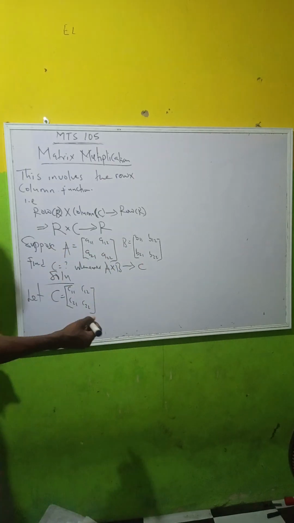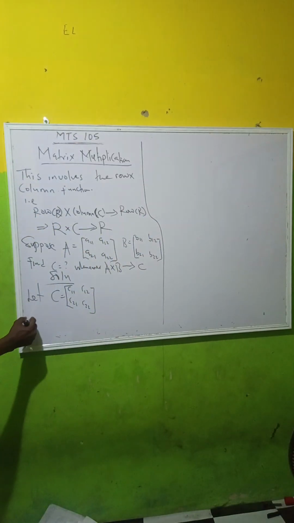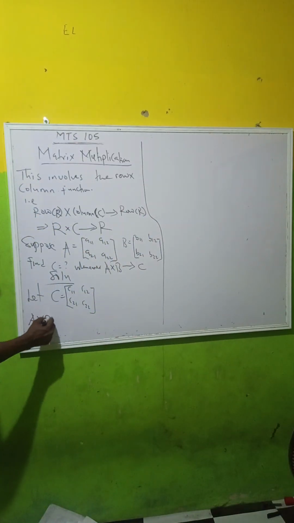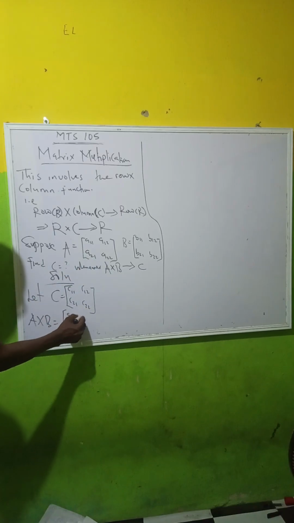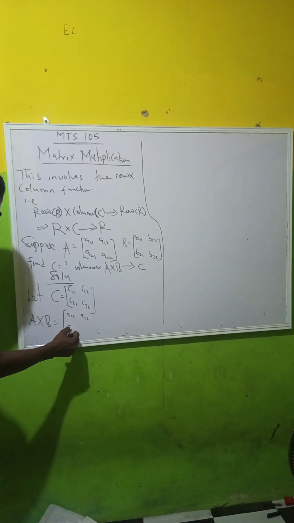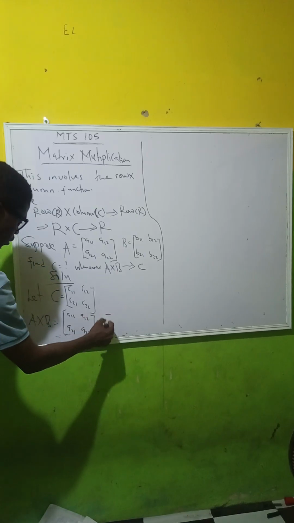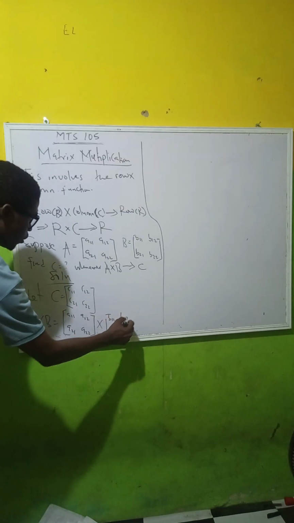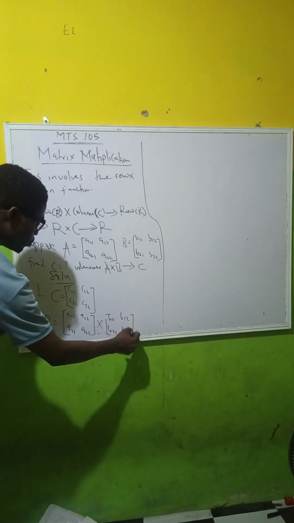Now here we go. A times B. What is A? A11, A12, A21, A22 times B11, B12, B21, B22.